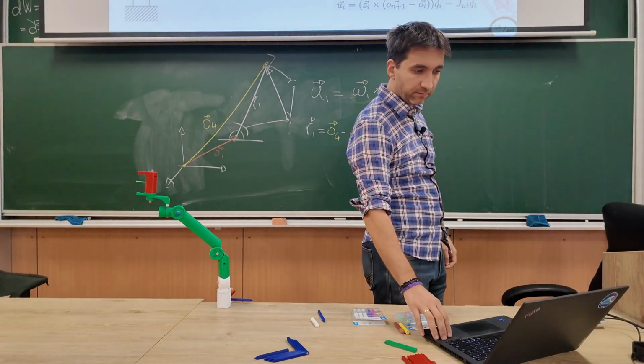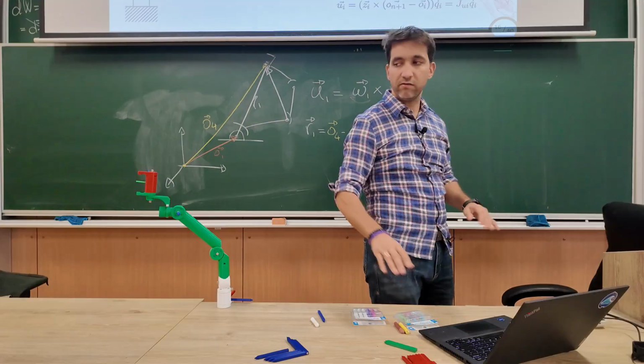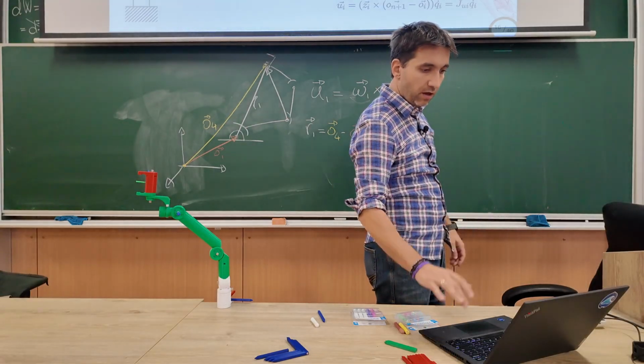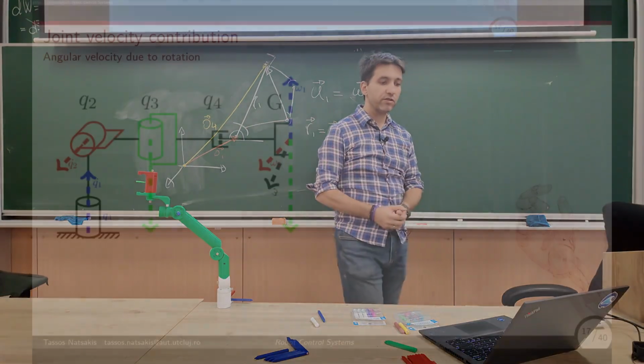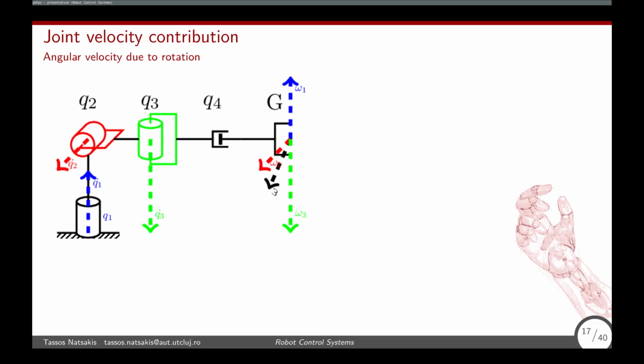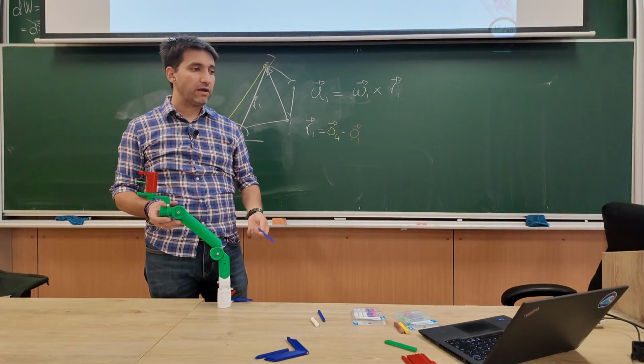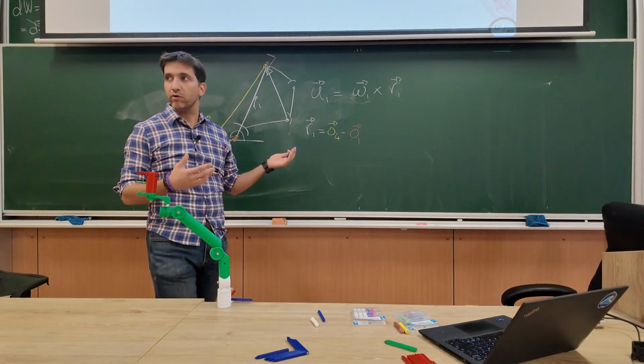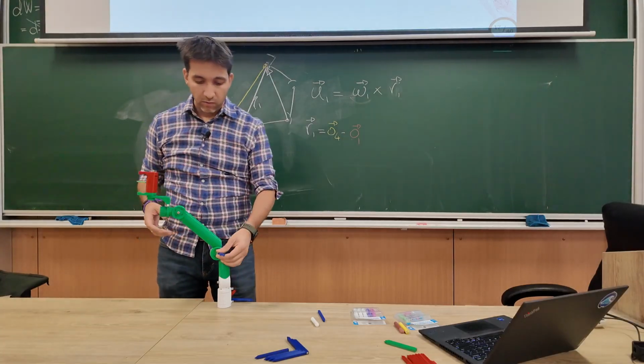Good. So this covers the whole linear velocity of the end effector. What about angular velocity? Angular velocity is still a vector. And the angular velocity due to rotation, or due to revolute joints, will be what?